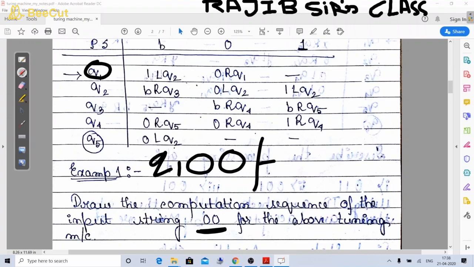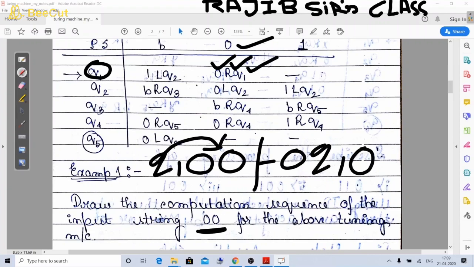You can see over this table that when 0 is applied upon q1, the 0 remains 0, q1 remains q1, and the movement is towards the right side. So this 0 remains 0 and right side means this q1 comes here and we have another 0. By this way you can see that the movement of q1 is done towards the right.